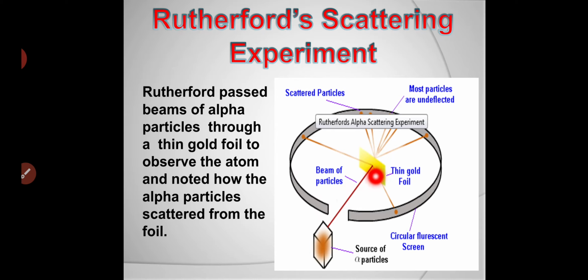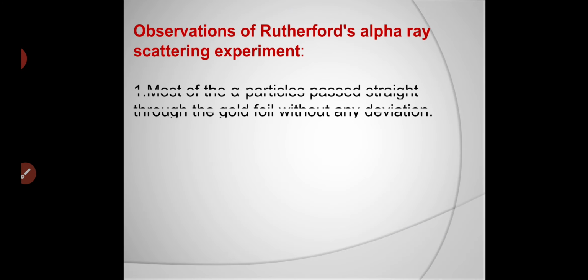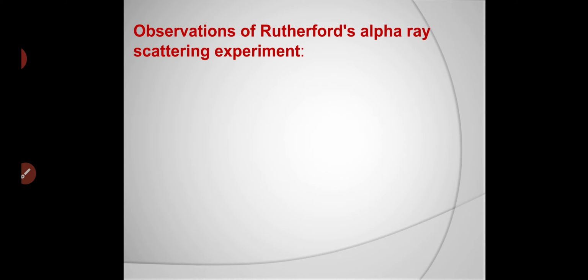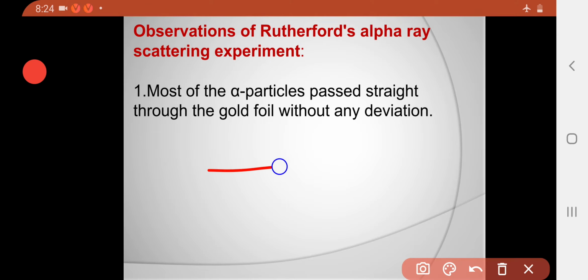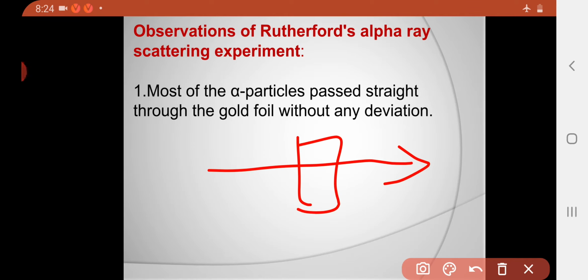Then he observed what happened, how the rays are moving. Let us see. Most of the alpha particles passed straight through the gold foil without any deviation. When he passed the alpha rays through the gold foil, they moved straight away, not getting any deviation.